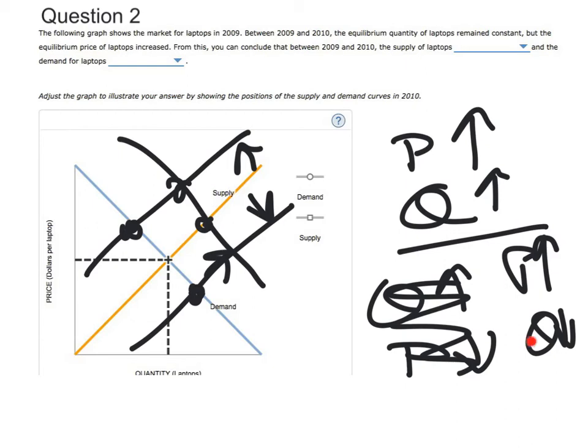And we don't know for sure what happens to quantity. It depends on the relative sizes of the changes. So if they're both about the same, then there won't be any effect on quantity. If the demand increase was bigger, then there will be an increase in quantity. If the supply decrease was bigger, there will be a decrease in quantity. So that could be what happened here.